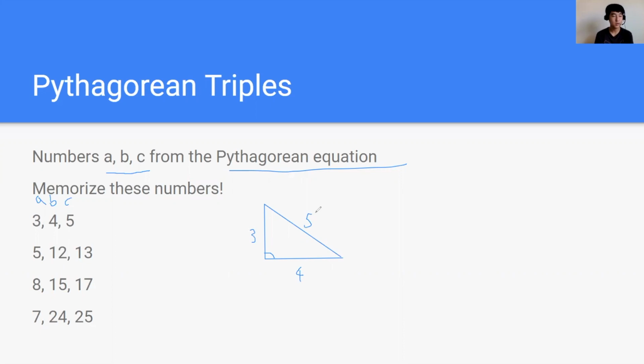So C squared equals A squared plus B squared. In this case, 25 is equal to 3 squared, 9, plus 4 squared, 16. 25 is equal to 25. So if you can memorize these numbers, it'll be really helpful when you solve problems. Just know the basic ones, 3, 4, 5, and 5, 12, 13. They will come up many times.